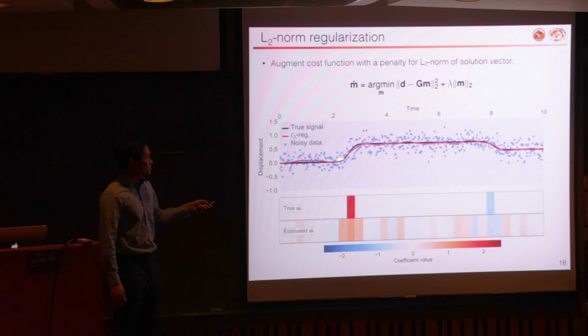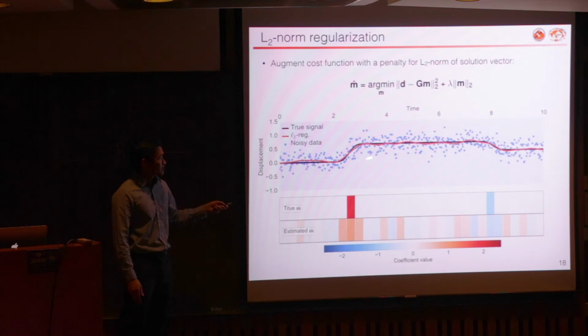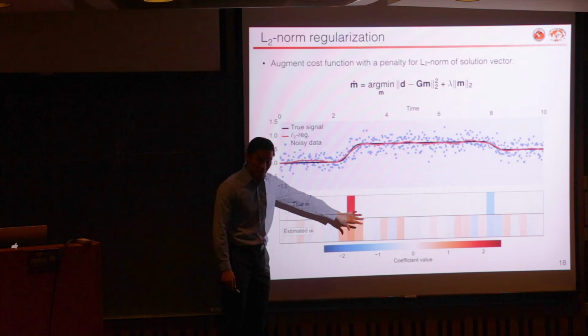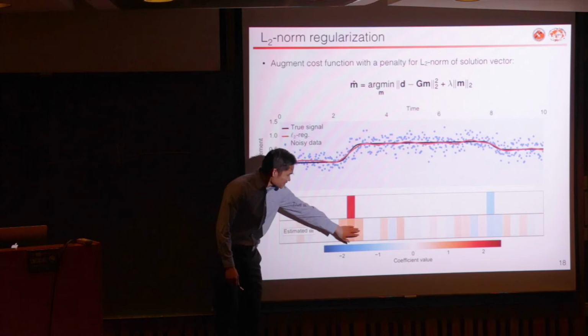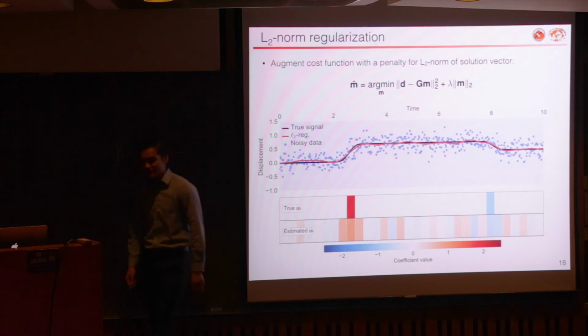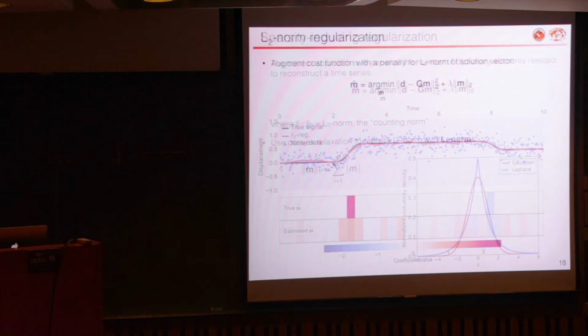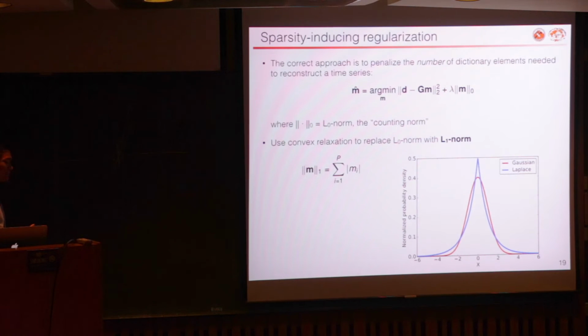And you can see that the reconstruction is a lot better. It's smoother, it's not as noisy. And if you look at the coefficients, you can see that there's not as much trade-off, but it's still not that good because you have a spreading out of energy of the true coefficients here. And so what we do is we say we don't want to minimize the L2 size of this.